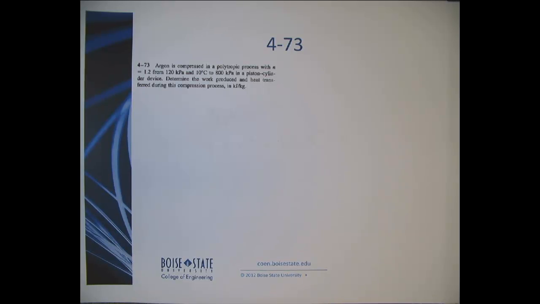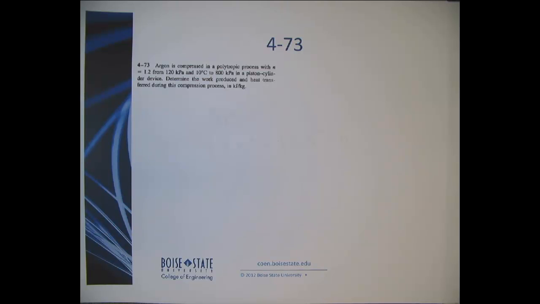In any compression process, we always have to put in work, whereas in expansion, it's the other way around. And you see that no mass is given, so it would mean that we have to consider everything on a per unit basis. That's why your answer should be in kilojoule per kg.